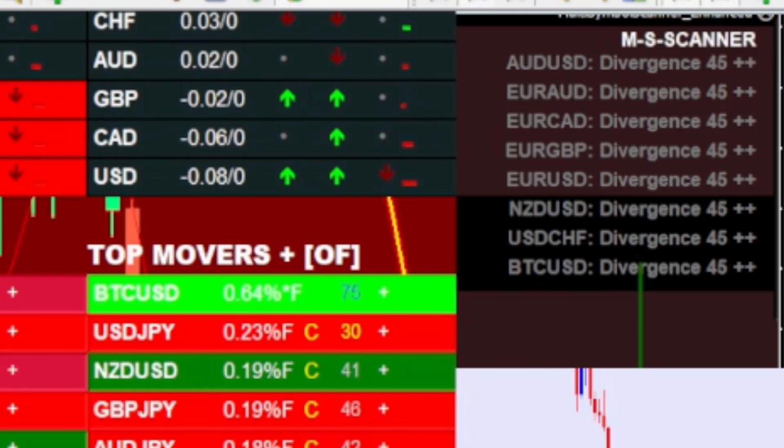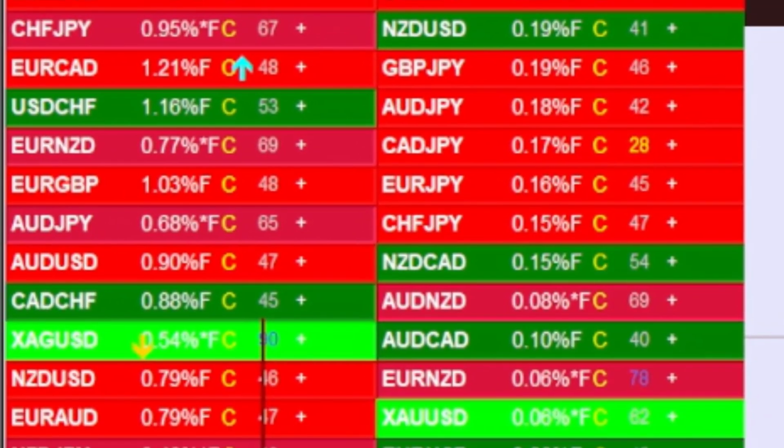All right, let's look at another one. EURGBP in the bigger picture, what do we have?